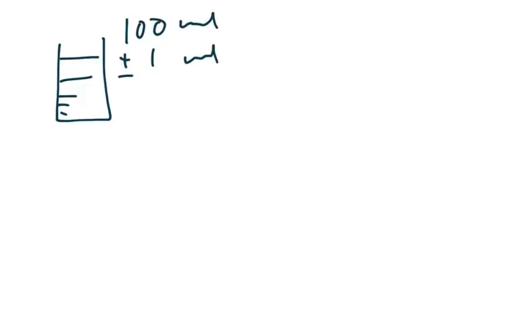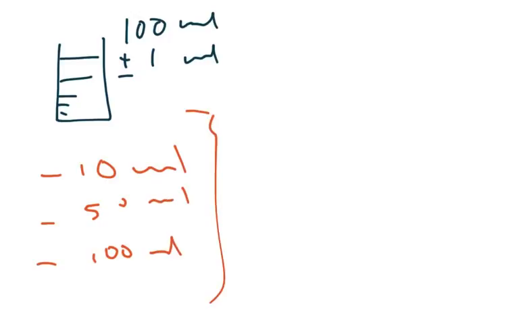You tried to measure 10 milliliters, 50 milliliters, and 100 milliliters. What would be your error percentage for all of them? Take a moment to think about it. Your answer should be 10%, 2%, and 1%. Okay, try to do it on your own.